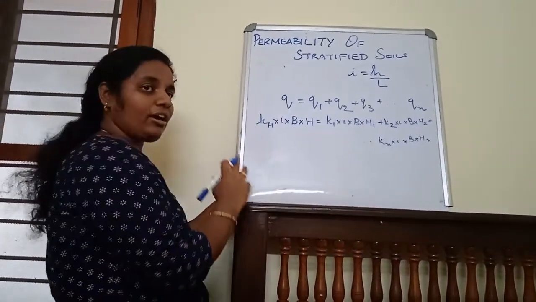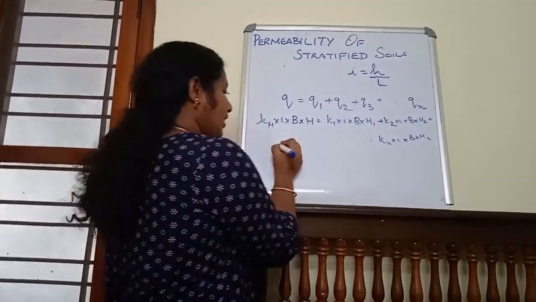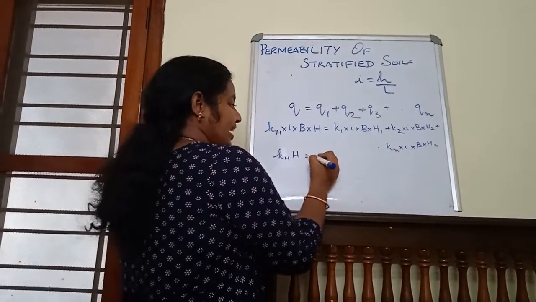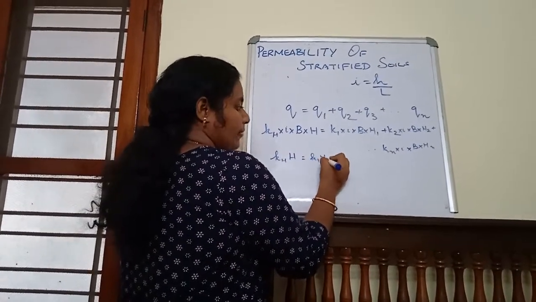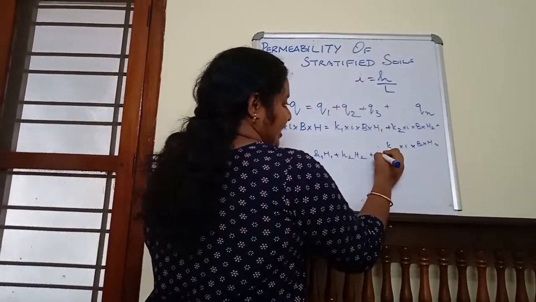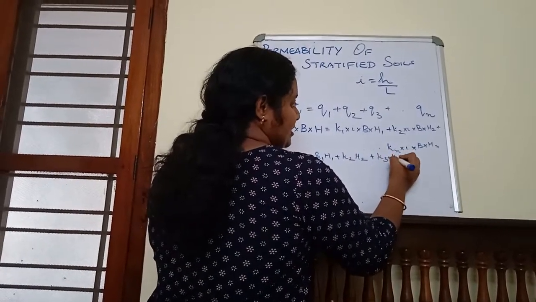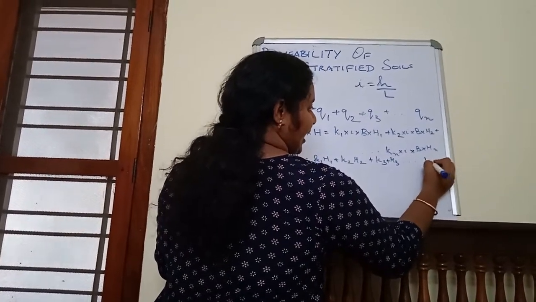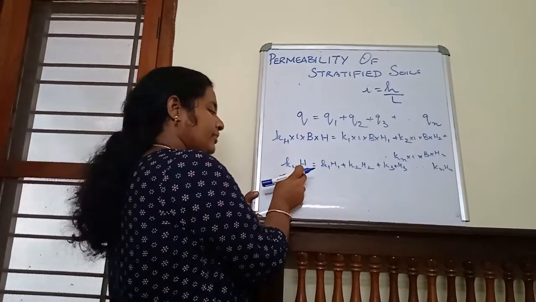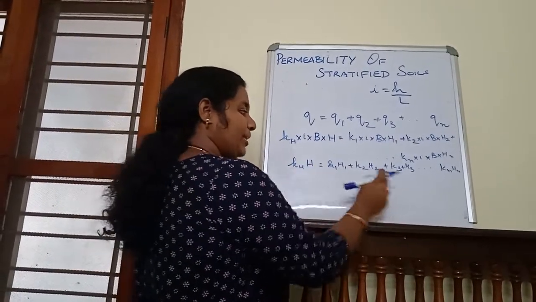As i and B are constant on both sides, they can be eliminated, and then we find KH into H is equal to K1 H1 plus K2 H2 plus K3 H3 plus so on up to Kn Hn.